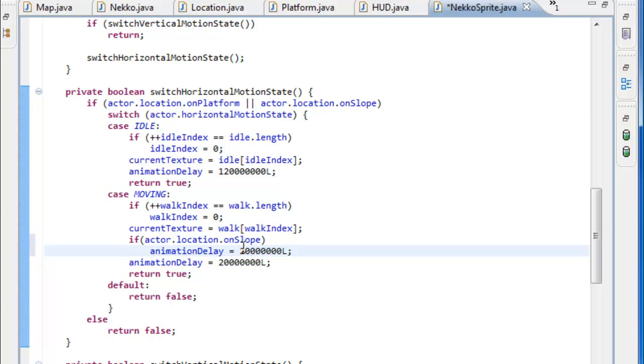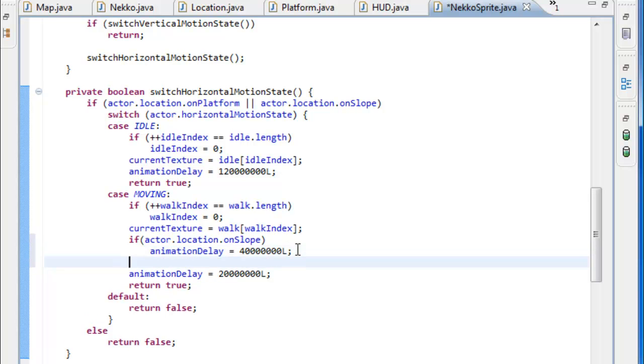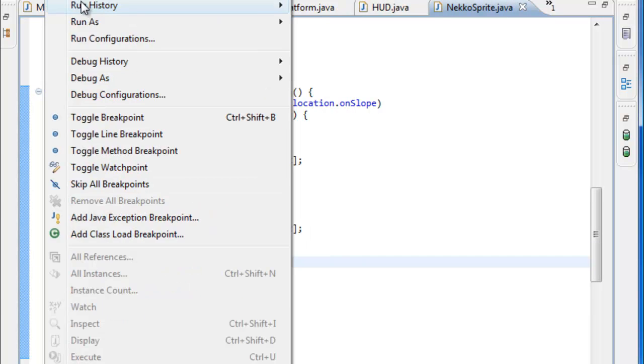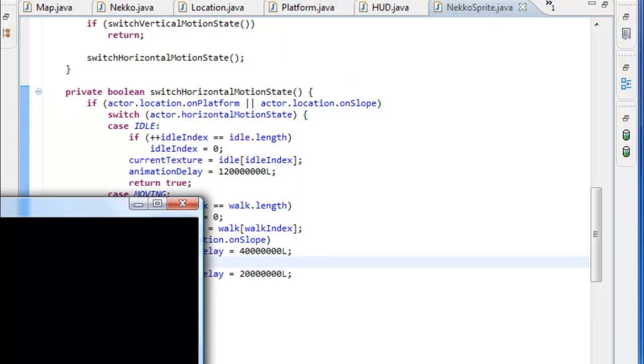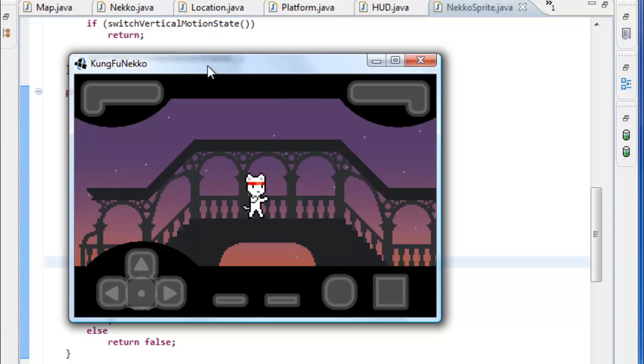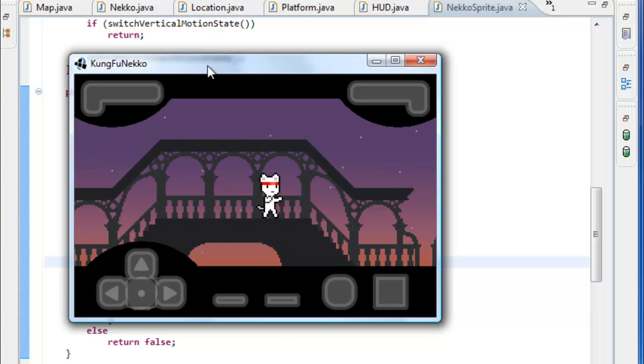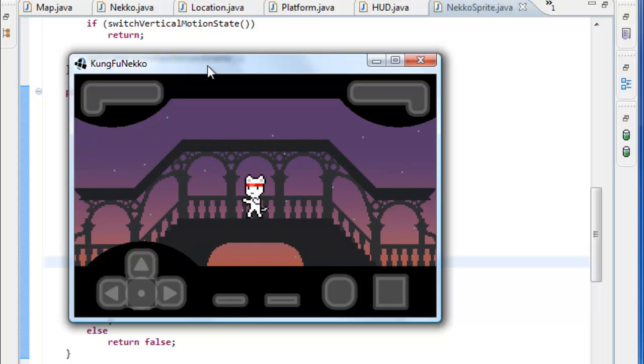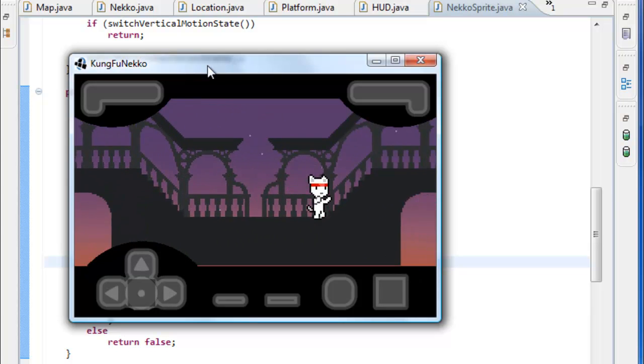Should be 4. Else we're not on a slope, so just that. So now if we run this, the animation should be a little bit slower for the walking animation loop whenever we're on a slope. Right there.